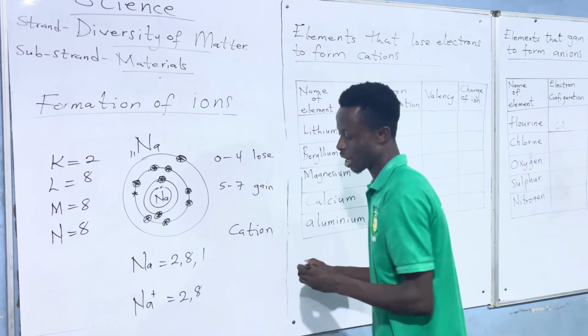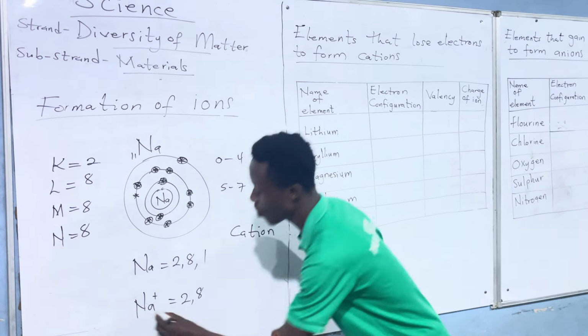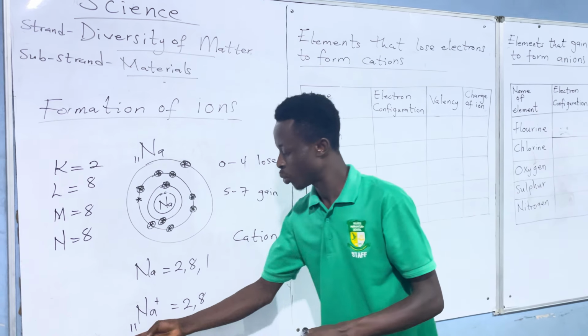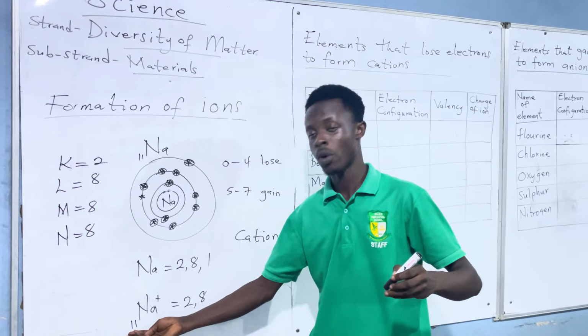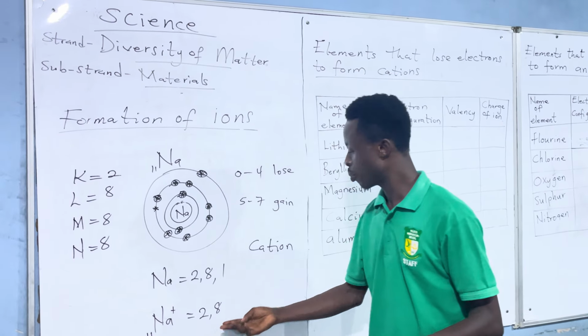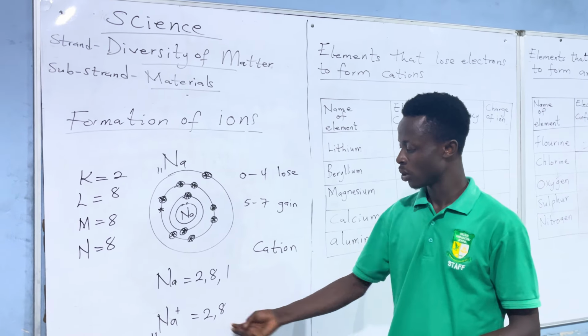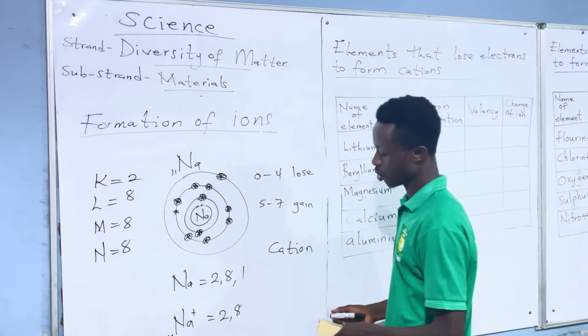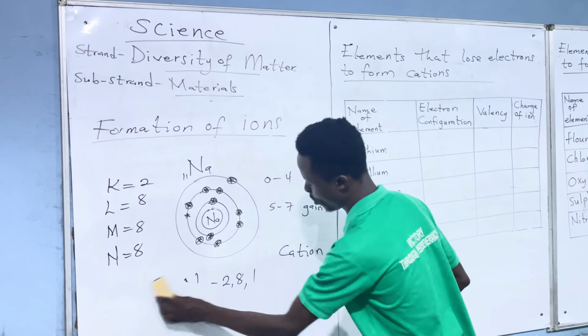The reason why it carries a positive charge is that the number of protons is higher than the number of what? Electrons, making the atom positively charged. So that's for sodium.